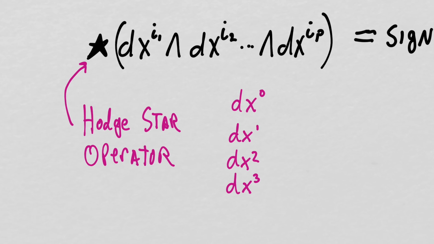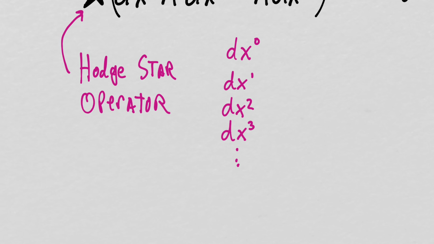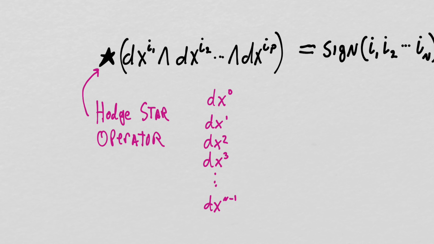Now, for n-dimensional space, this could go on to dx n minus 1, right? If you start with 0, you always end up with this pesky n minus 1. This is the total number of basis vectors in the vector space V. Obviously, if you're dealing with the pth exterior power, you end up with this P-form. So I guess the way to say it is that this is a P-form basis vector.